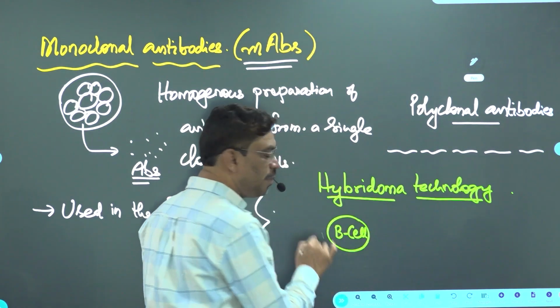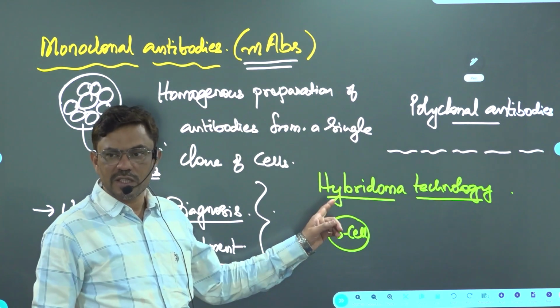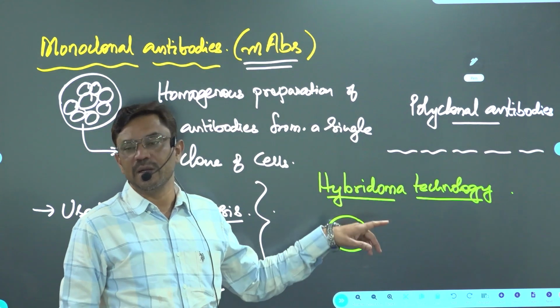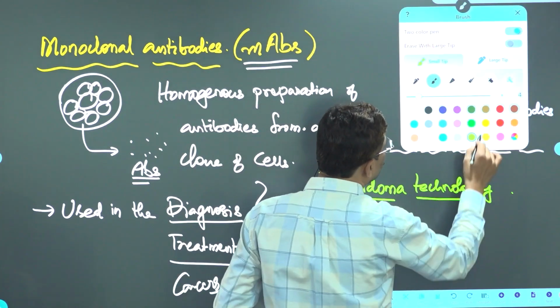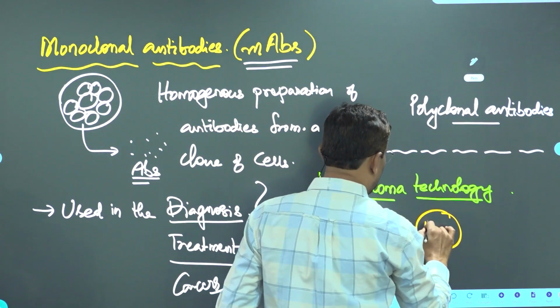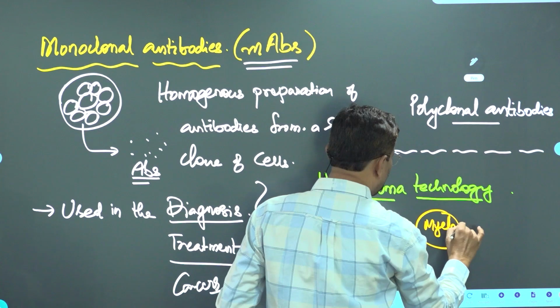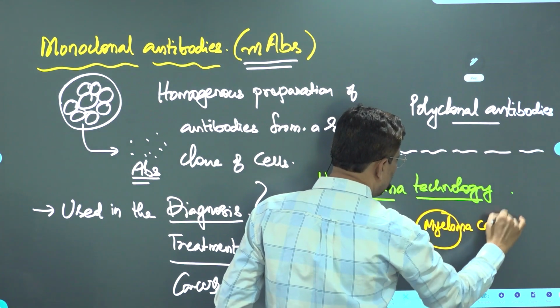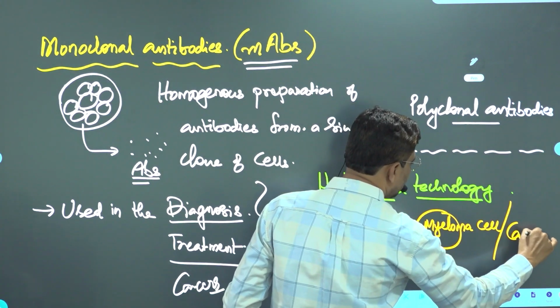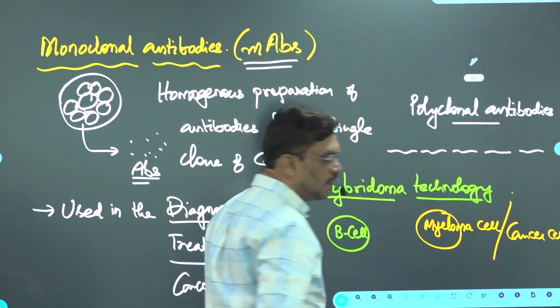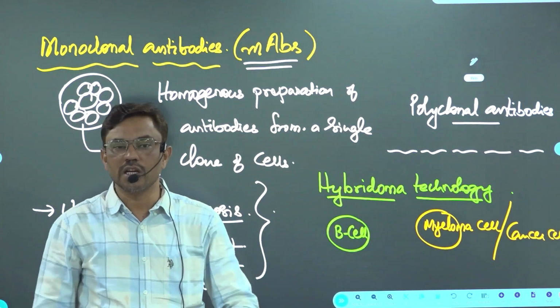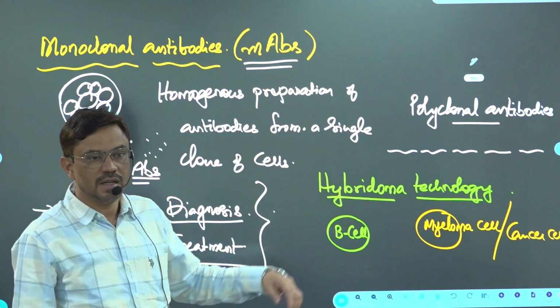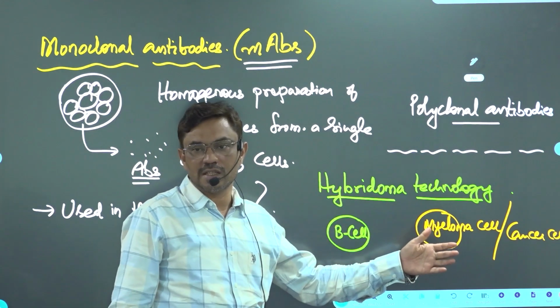B cell means B lymphocyte cell. The B lymphocyte cell is able to produce antibodies. And this is a myeloma cell. Myeloma cell means a cancer cell. Here the literal meaning of cancer is multiplication. Uncontrolled multiplication, uncontrolled growth, is called cancer.